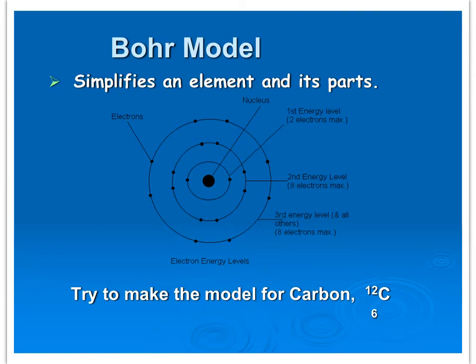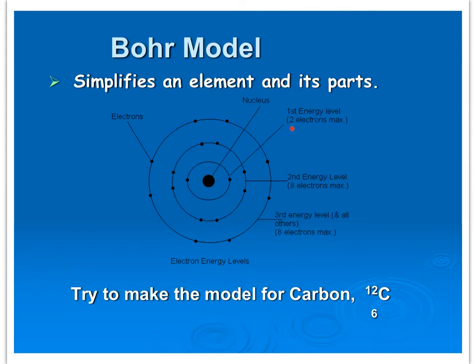This is an example of a simplified electronic model. So you can see here's the nucleus, and then we have outside it energy levels. So rather than showing them as a cloud, they're just rings. And the first energy level can only hold 2 electrons.